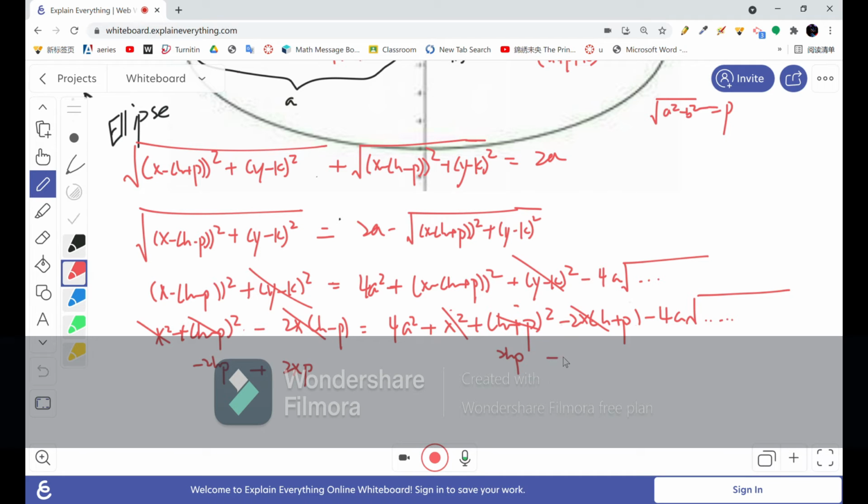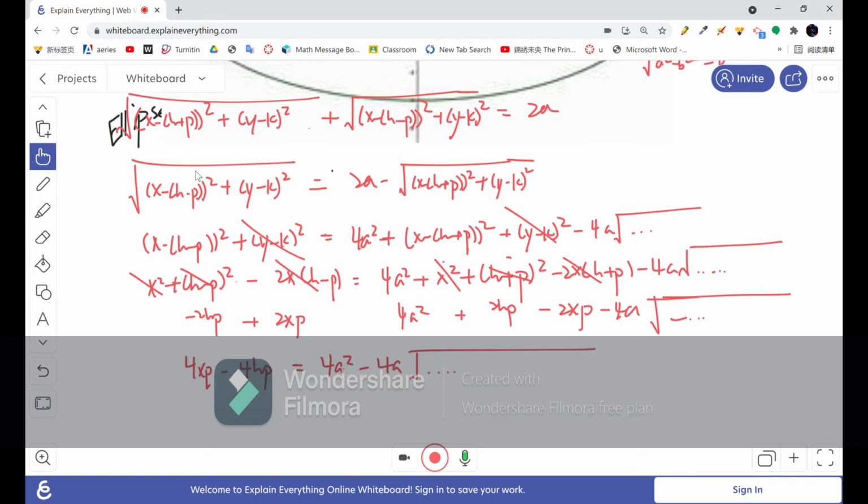And this is minus 2xp plus 4a squared minus 4a times the square root of something that's kind of annoying. I'm going to write that out. We add both sides, and now we have 4xp minus 4hp equal to 4a squared minus 4a times the square root of this.